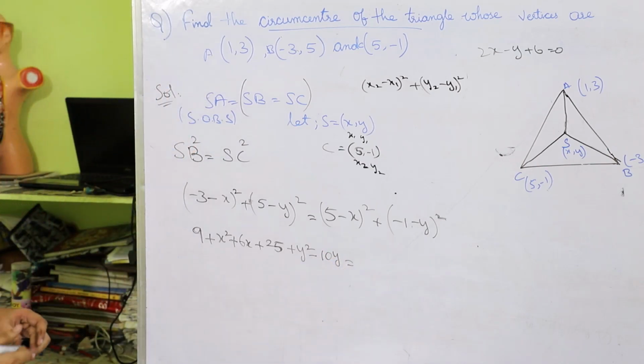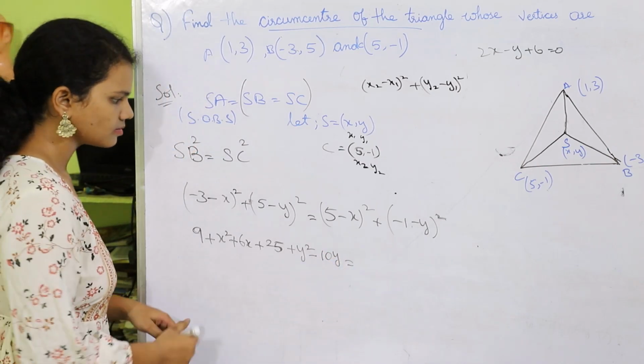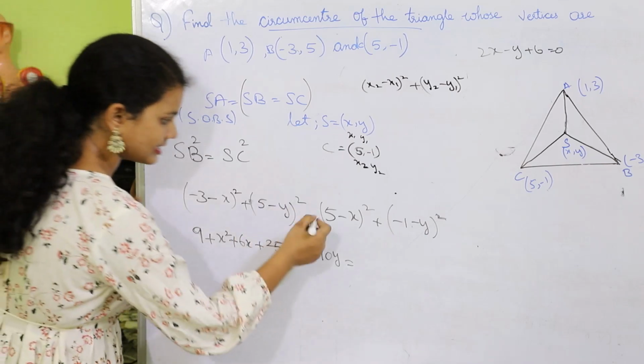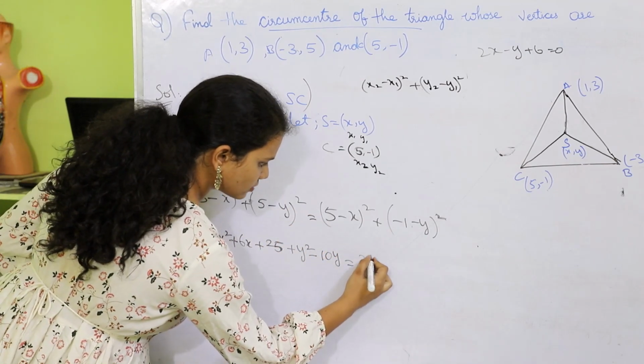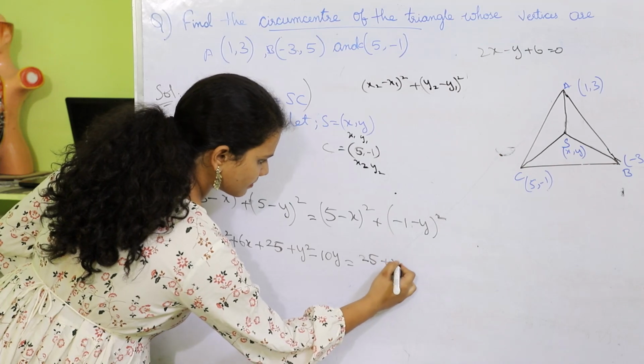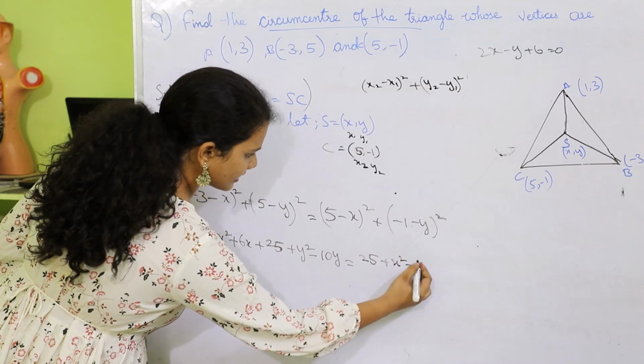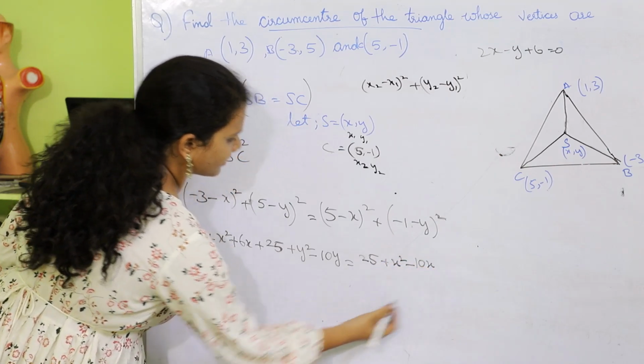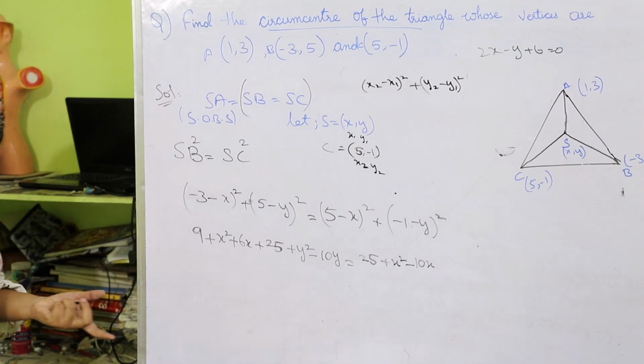Are you getting it? This is equal to (5 minus x) whole square. a square how much? 25 plus x square minus 2 times 5 is 10x. I mean minus 2ab. Okay.